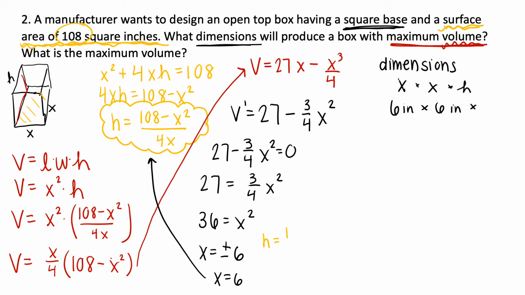So h is equal to (108 minus 6 squared) over 4 times 6. So we have 108 minus 36 is 72, over 4 times 6 is 24. 72 over 24 is just 3. So our dimensions would be 6 inches by 6 inches by 3 inches.